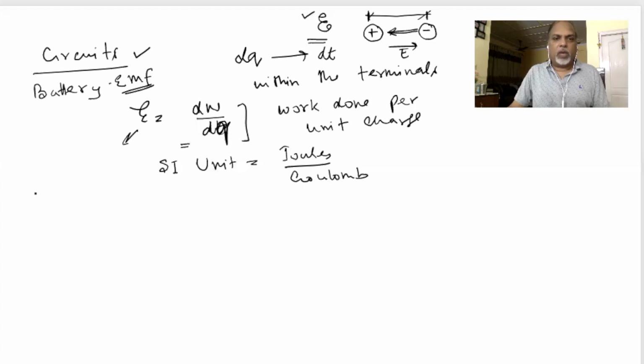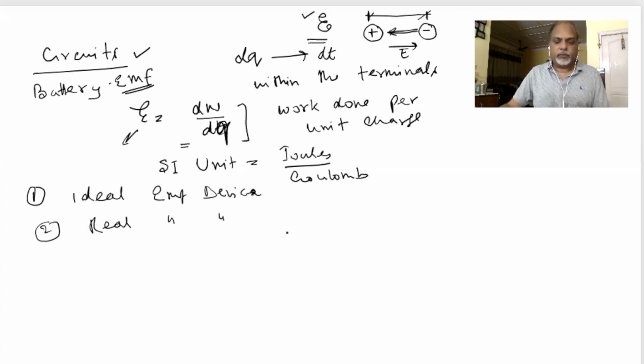Now there are two types of batteries, that is, one is the ideal EMF device and the other is the real EMF device. In an ideal EMF device, there is no internal resistance within the battery.